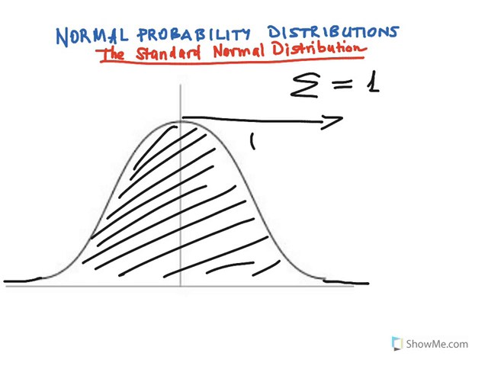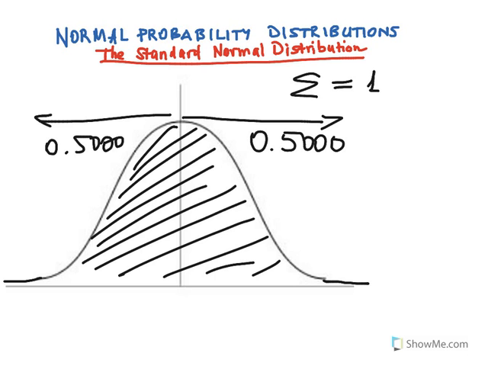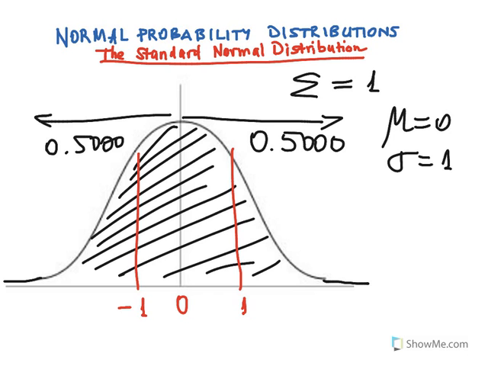This half here is 0.500 and this other half is 0.500. Another property is that this standard normal distribution has a mean of 0 and a standard deviation of 1.